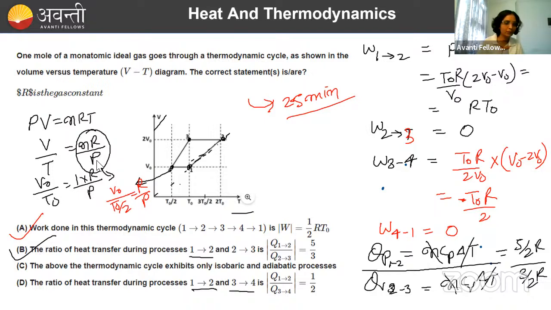Chalo, let me know the status of question option D. Ratio of heat transfer during process 1 to 2 and 3 to 4. Which one is 3? This is 1, this is 2, this is 3, this is 4. Yes, one's correct.